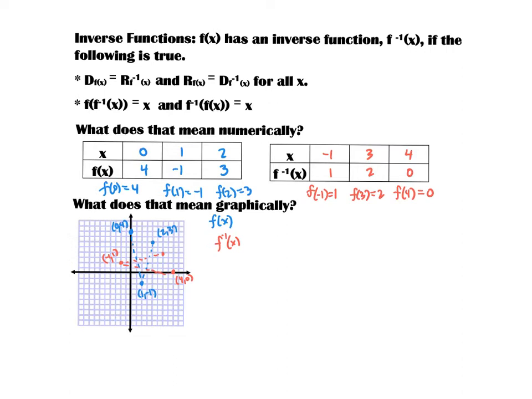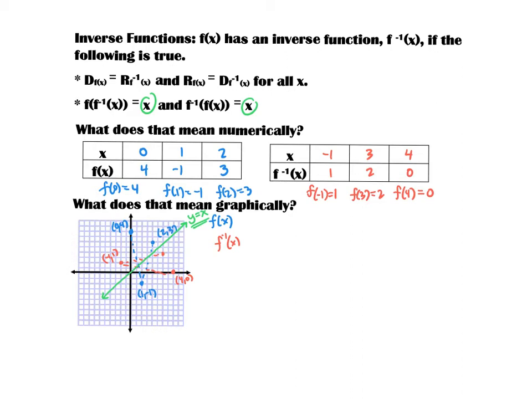I'd like to bring to your attention that these two images are a perfect reflection over this line, and this line is y equals x. It's not coincidental that y equals x is also what the composition ends up giving us in both ways. So it's kind of cool.